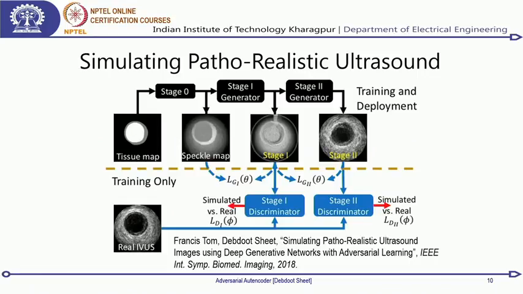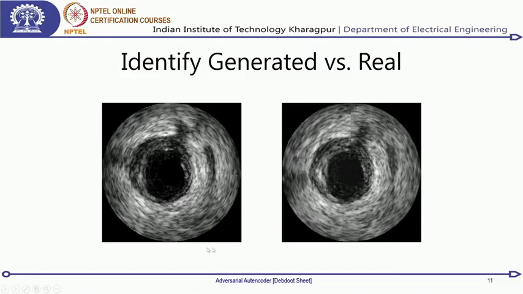Now, if you look at how realistic it has been, the whole concept is still basically rooted on what we had done in the earlier cases, and here this is a very typical example. So, the image on your left is a simulated version.